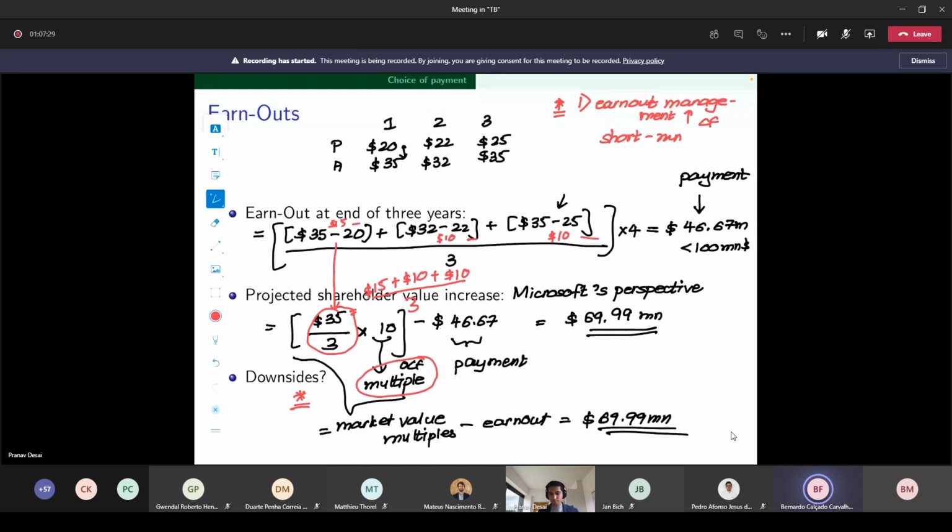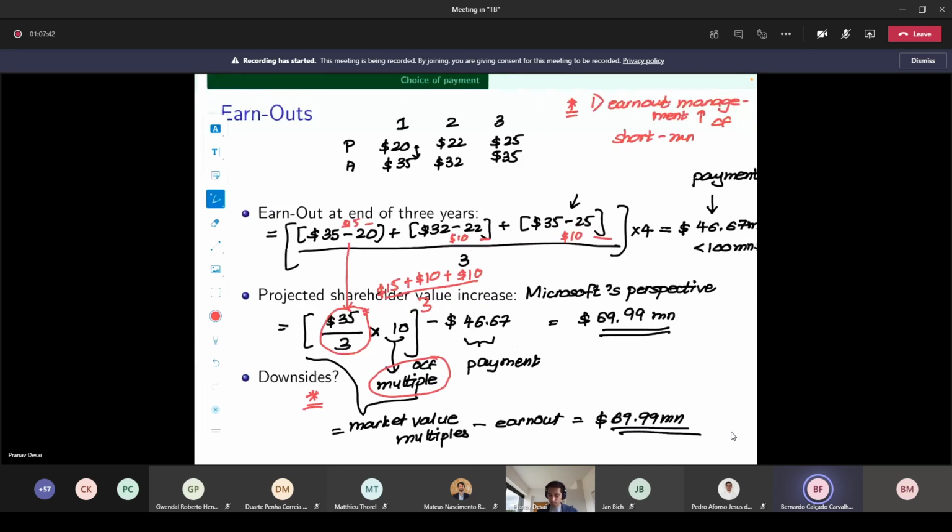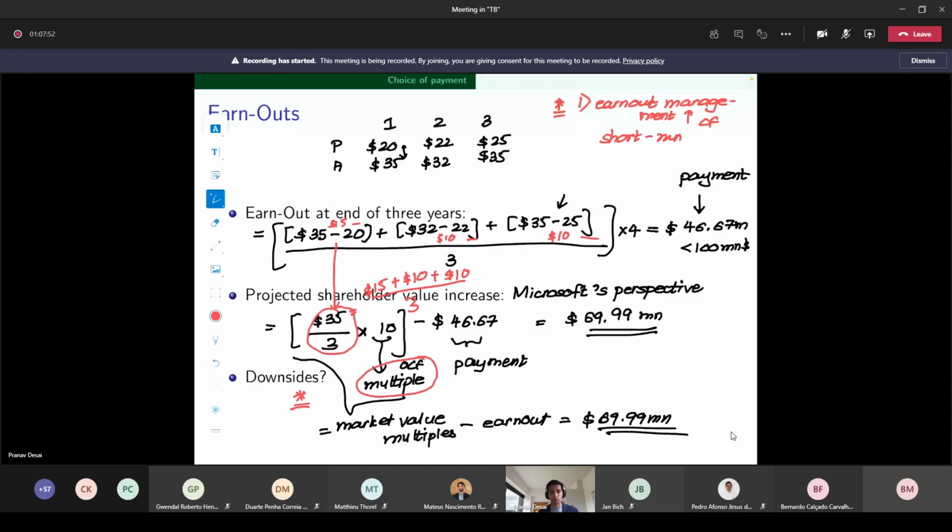It was actually the average excess at the end of the period. Is it? Because you're not multiplying by 4 each year's excess. You're averaging out the excesses and then multiplying by 4, right? Yes, exactly. You're taking the average excess over the 3 years and multiplying that by 4.